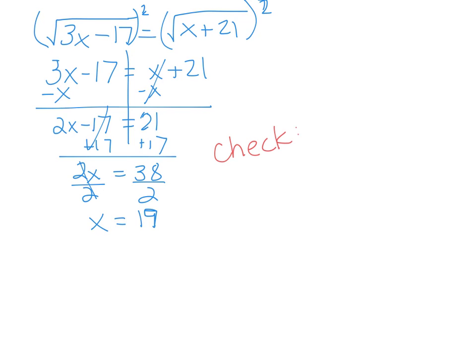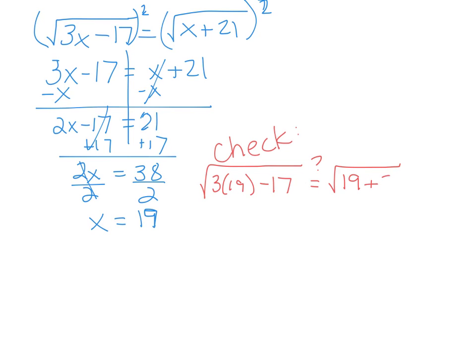We've got to make sure that it's a real solution. So we've got the square root of 3 times 19 minus 17 equals the square root of 19 plus 21, and we want to find out if they're equal.